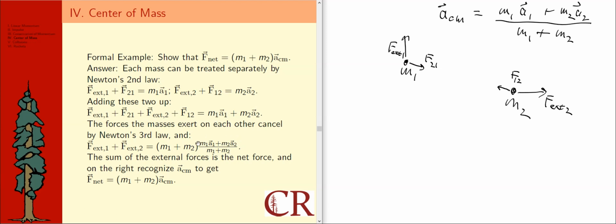But neatly, that is the definition of the acceleration of the center of mass. So recognizing that this here is the net force, and recognizing that acceleration of center of mass expression, we get the result.